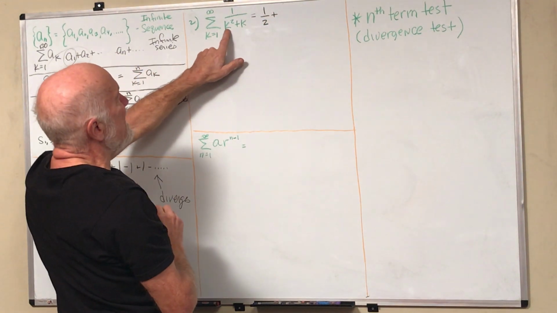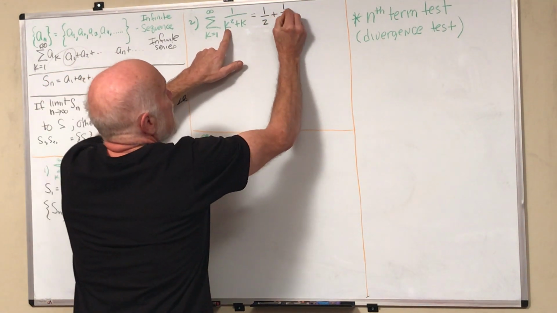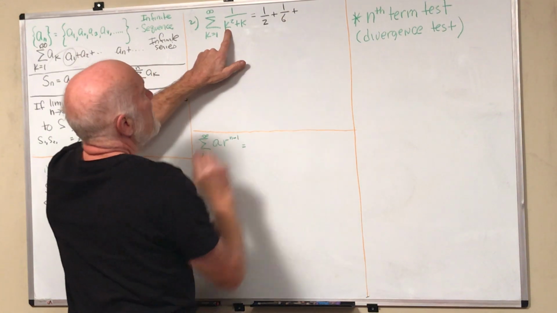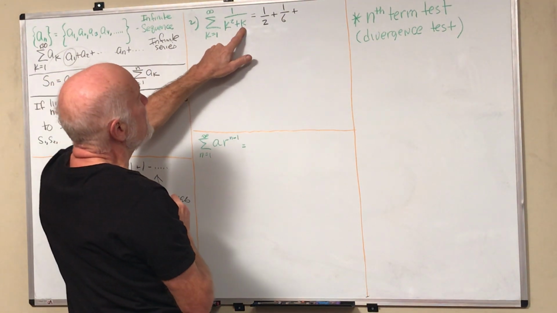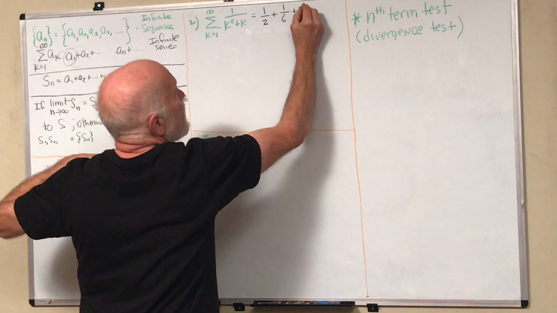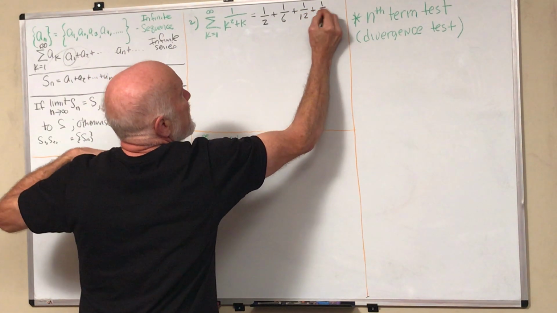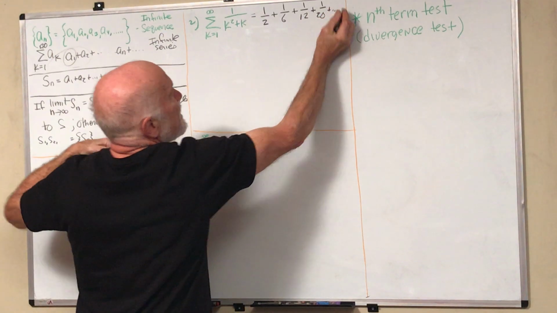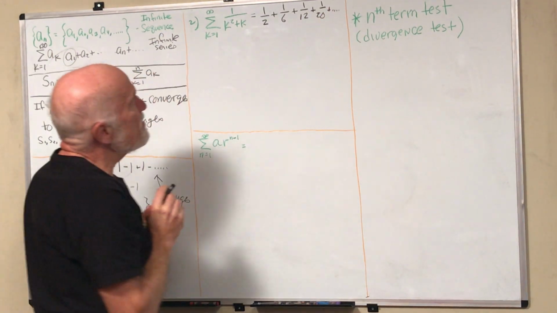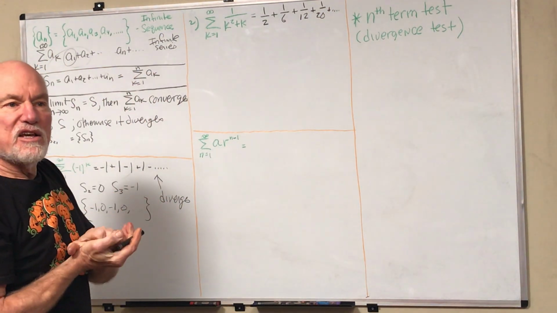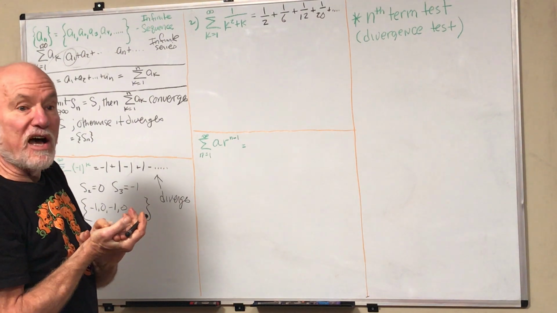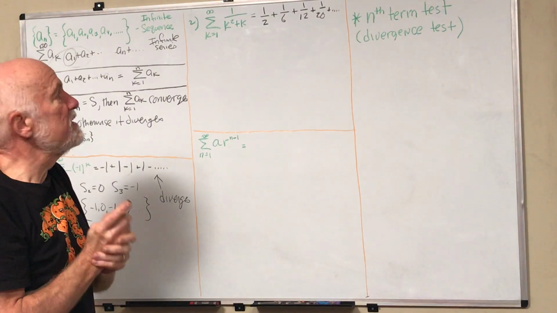Then if you put in k equals 2, you get 1/6. If k equals 3, you get 9 plus 3 is 12, so 1/12 plus 1/20, and then it keeps going. We might want to see, does that converge to something? And if it does, what does it converge to?